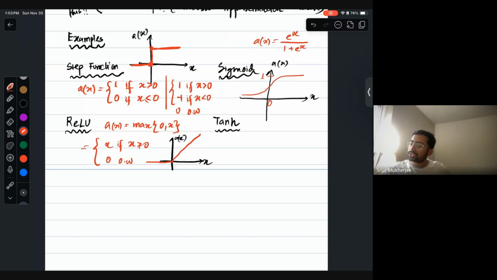Now tanh, a(x) is equal to e to the power x minus e to the power minus x, divided by e to the power x plus e to the power minus x. Essentially, it's just an extension of the sigmoid, but now it should be between 1 and minus 1. So it looks like this now.